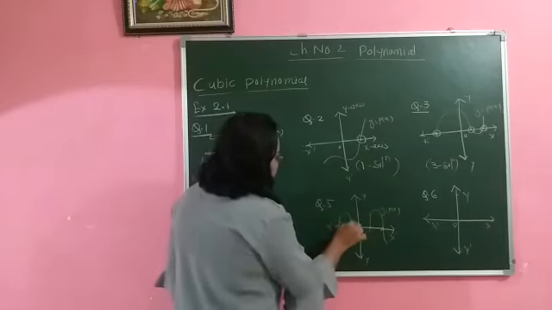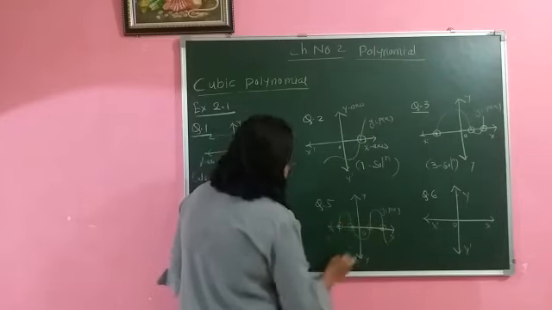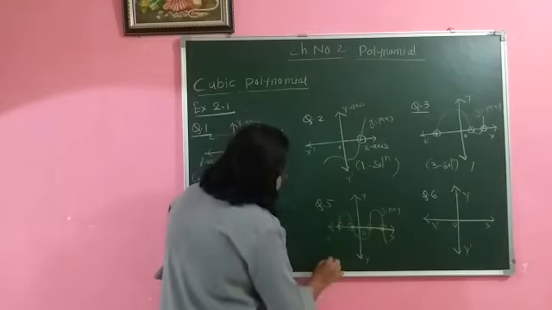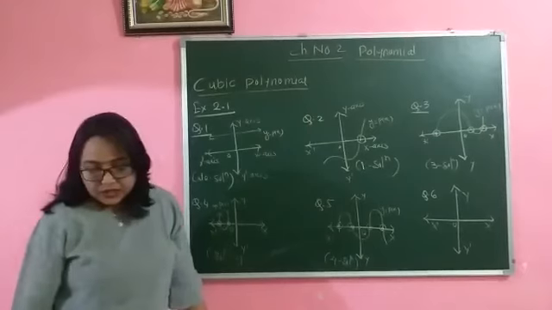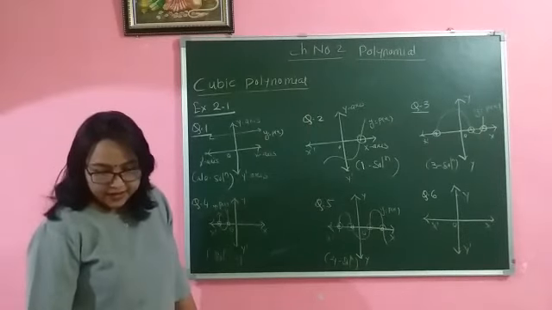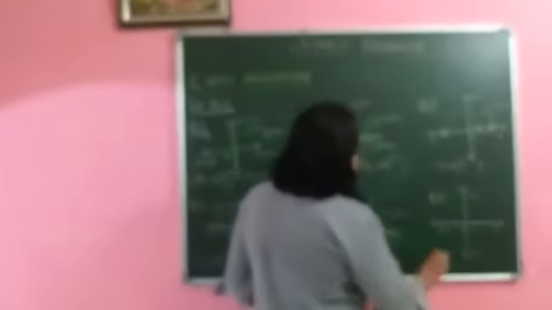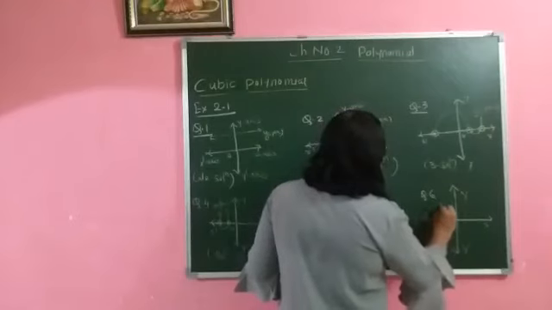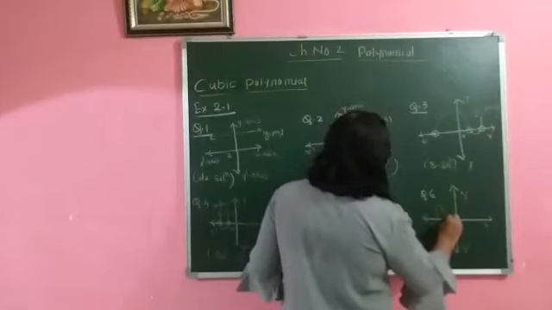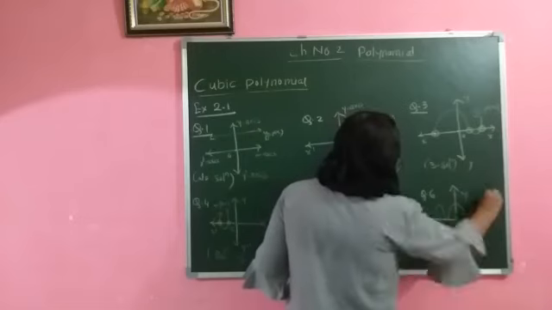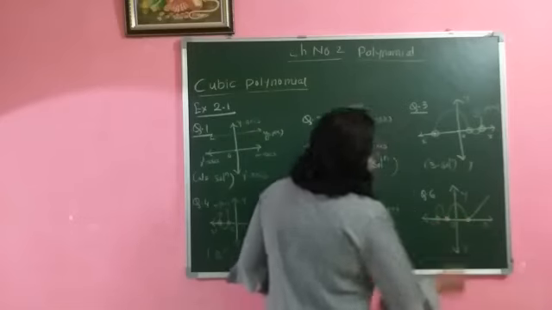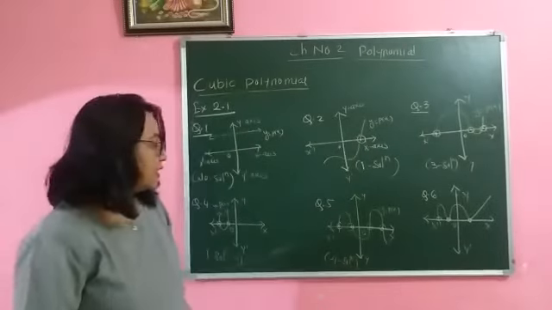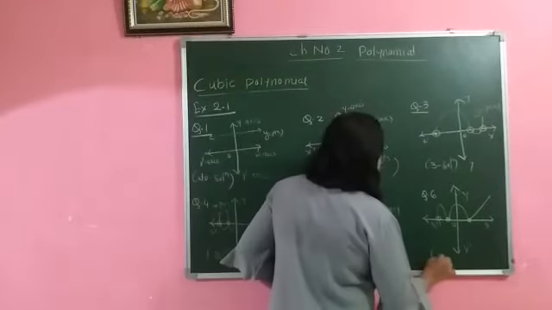So 1, 2, 3 and 4. There are 4 solutions. Can you see? And again I am taking one more example like this. Here 1, 2 and 3. There are 3 solutions.